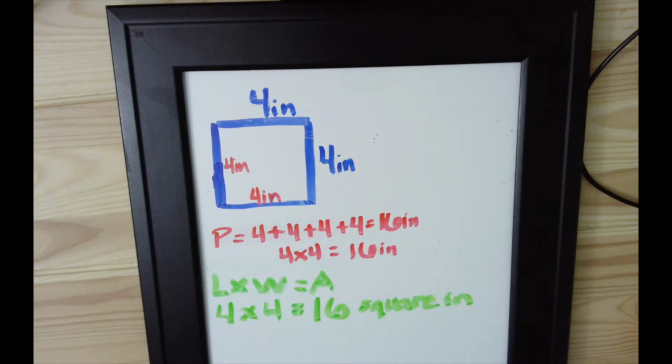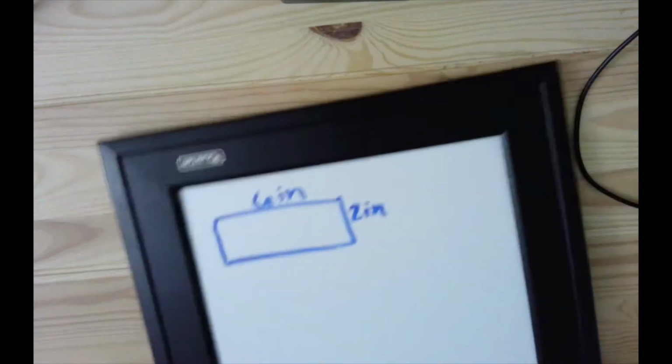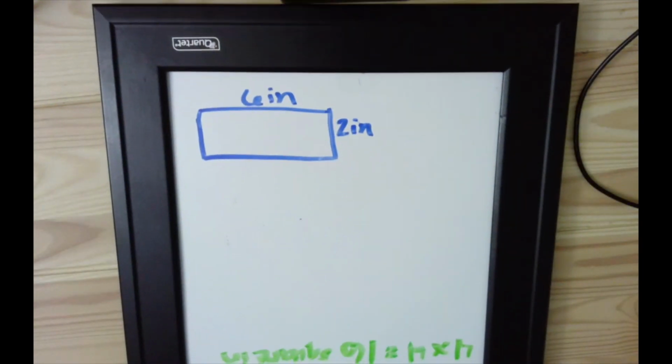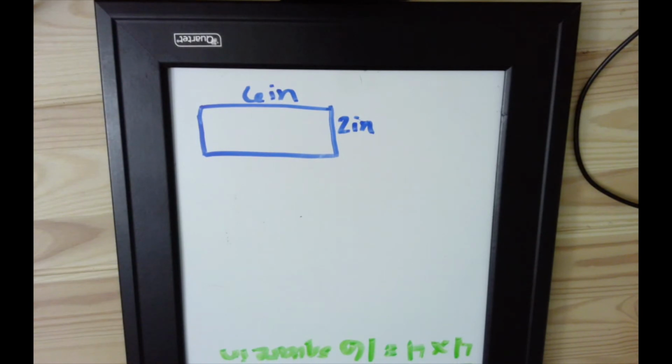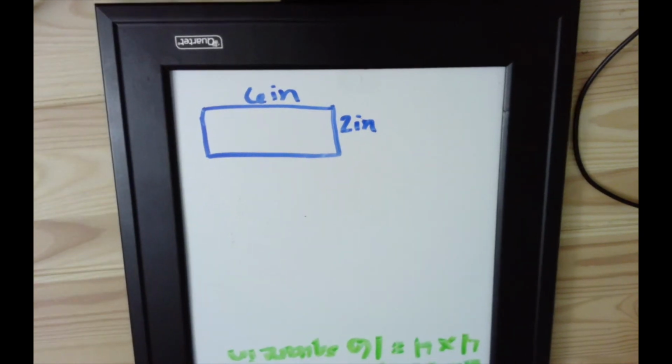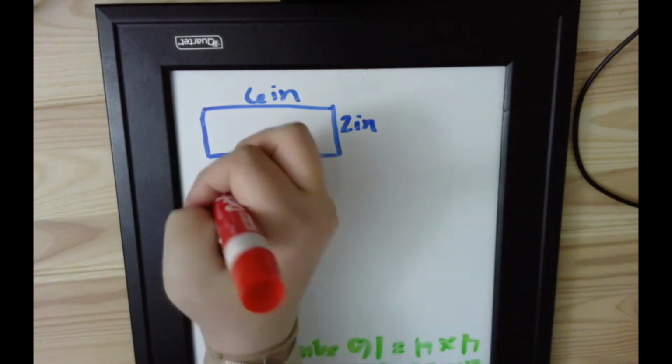Now let's try a rectangle example. Flip this around. We again will start with perimeter. As you notice, only two dimensions, or two measurements, are given.